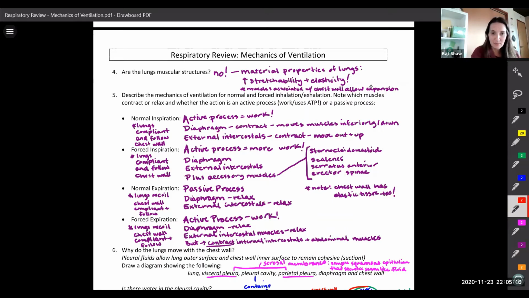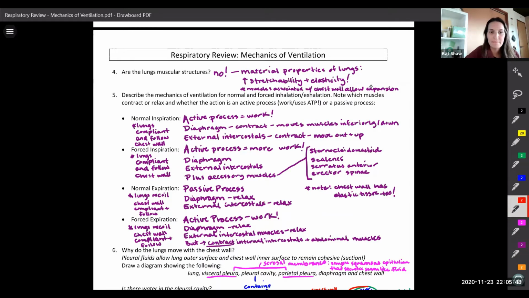However, forced expiration, that's an active process because not only do you relax the normal muscles associated with expiration, but you actually contract some extra muscles. Internal intercostals and abdominal muscles are now being used in order to push even further, decrease that volume even further, create a larger intra-alveolar pressure and a greater pressure gradient to force more air out.